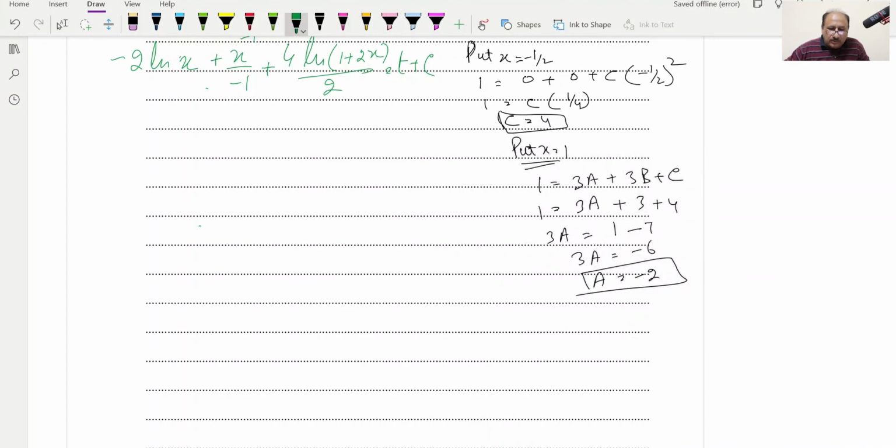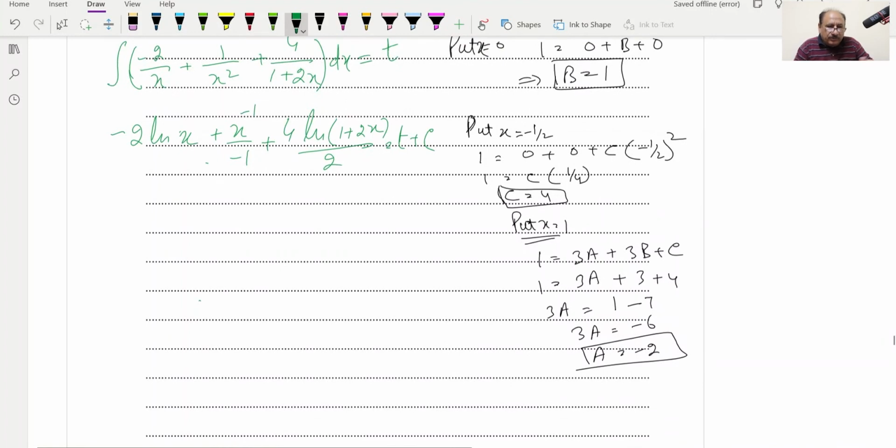And now we can write down the next step. This will be -2 log of x minus, this will be 1 by x, and 2 can be cancelled with this, so 2 log of x plus 2 log of 1 plus 2x, and this is equal to t plus c.